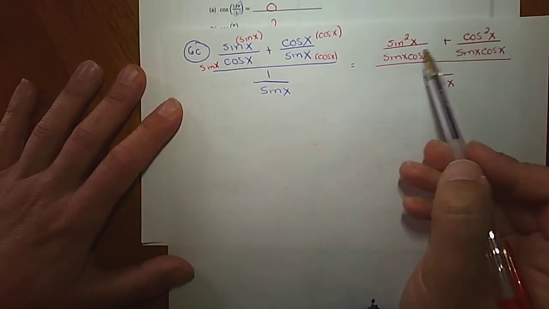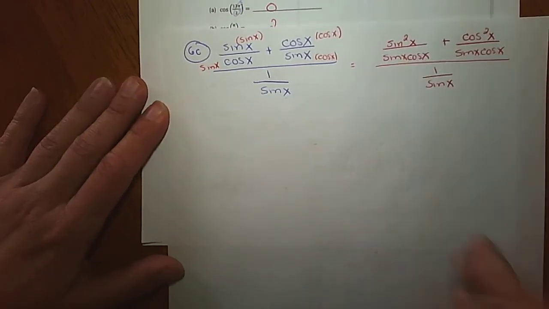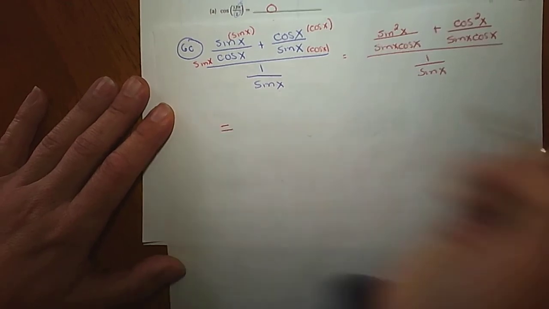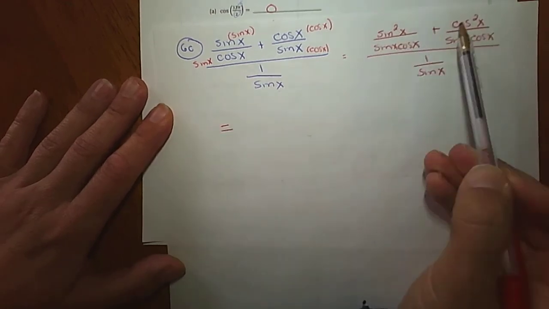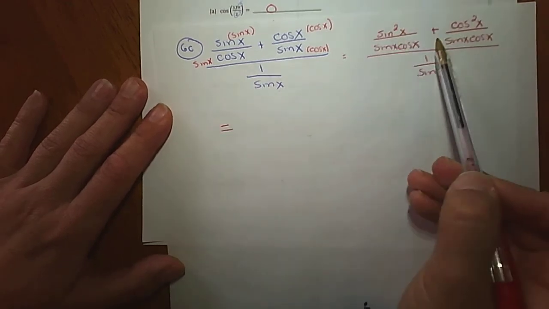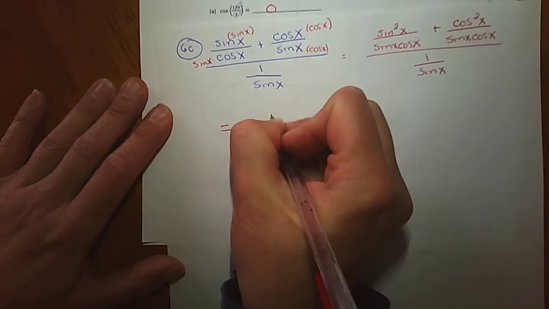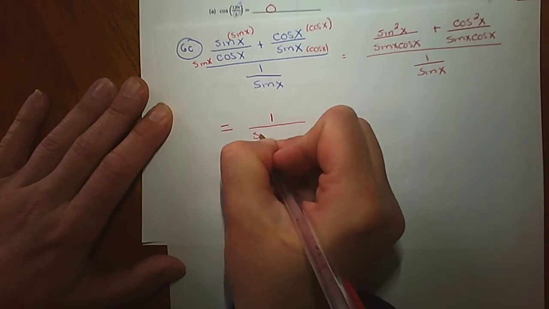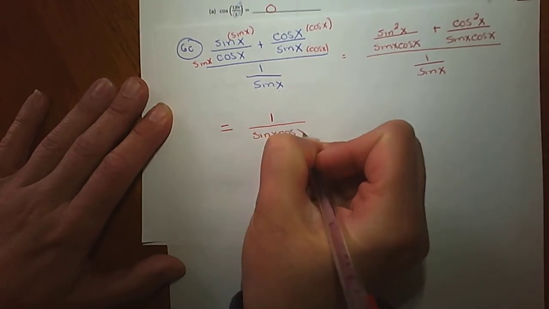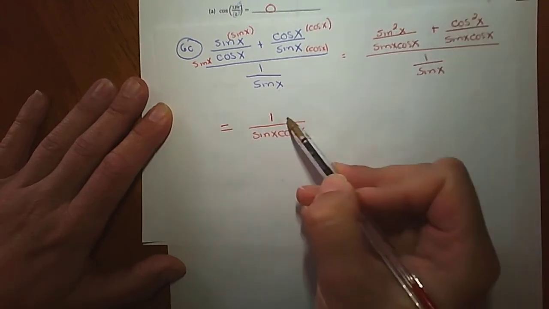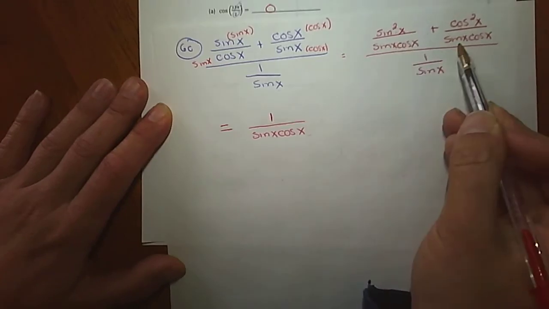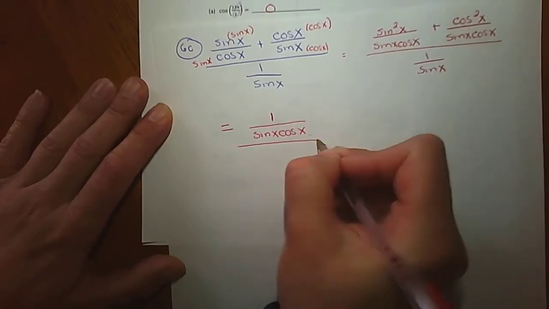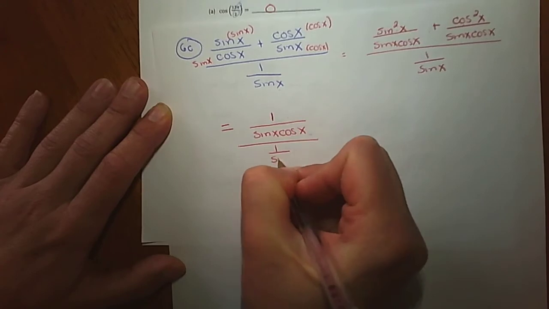All right, now since I have a common denominator here, I can combine those. Now, what is sine squared plus cos squared? What is that, everybody? Hope you're screaming 1. That's our first Pythagorean identity, which we're going to add to our formula sheets in 2 seconds. So sine squared plus cos squared makes 1. I keep the denominator all over the denominator, 1 over sine x.